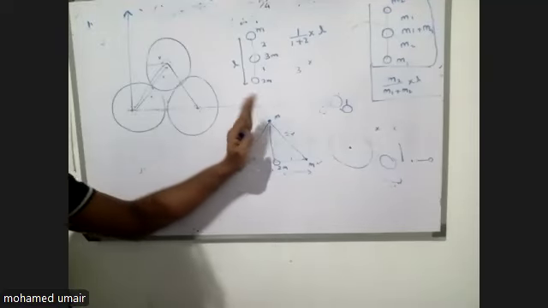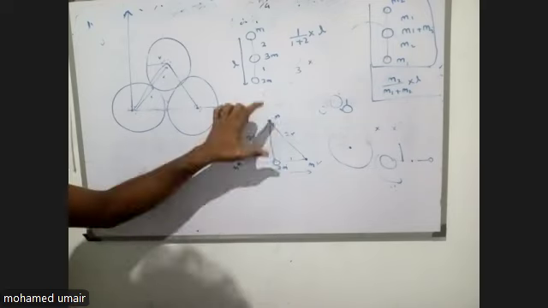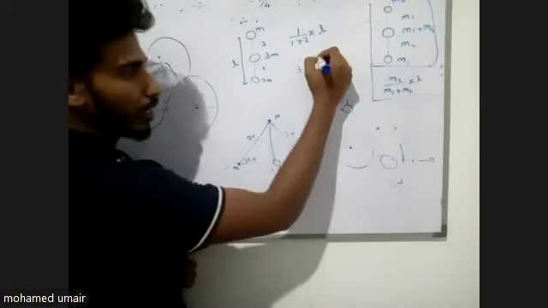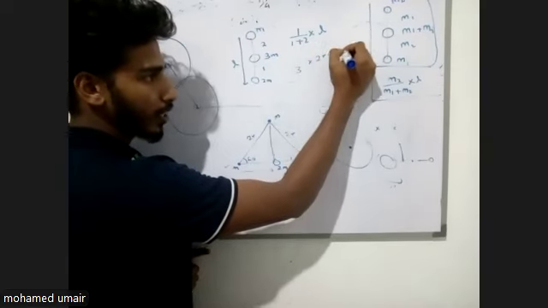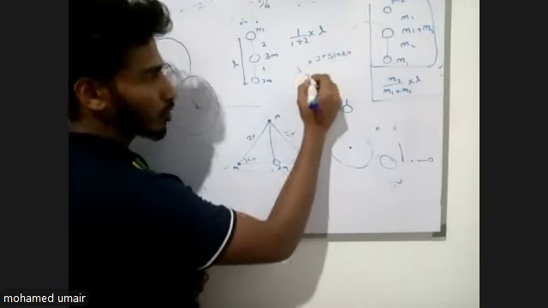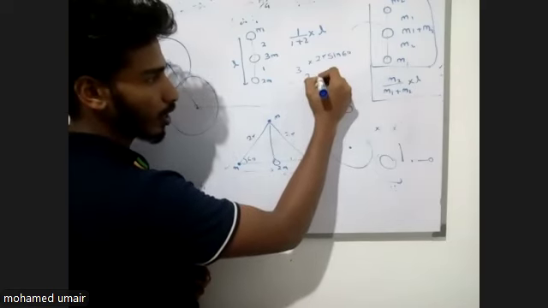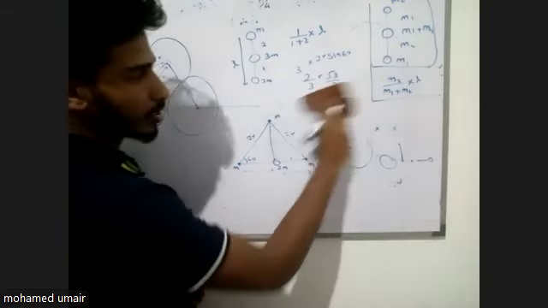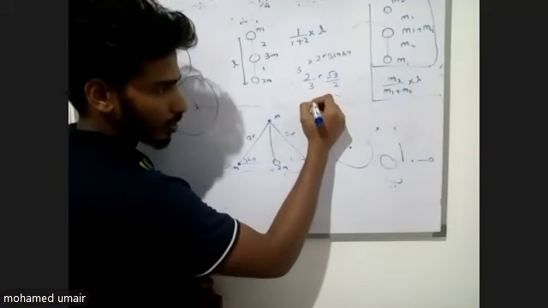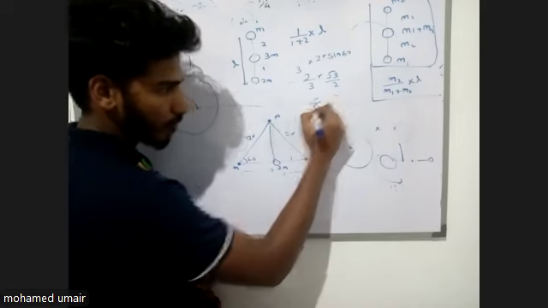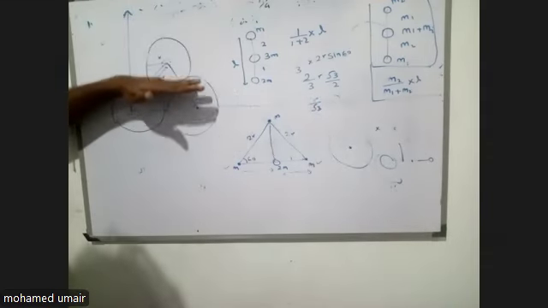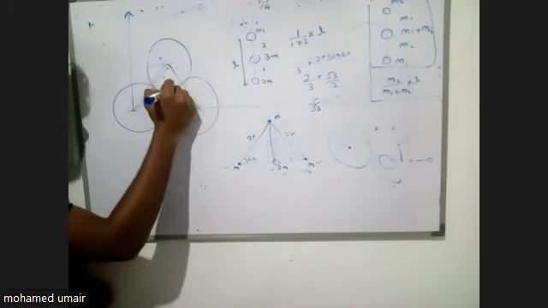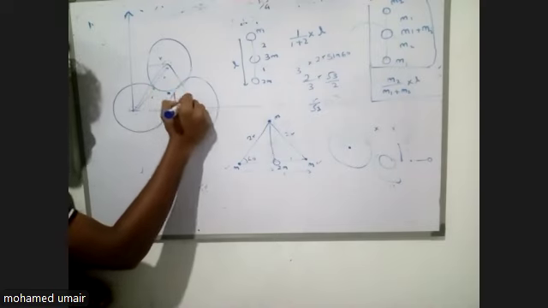So 2R sine 60 would get you this entire length L. So if I multiply, I'll be having 2 over 3 times R root 3 over 2, which means it will be at a distance R over root 3 from the x-axis, somewhere around here. It's at a distance R over root 3.